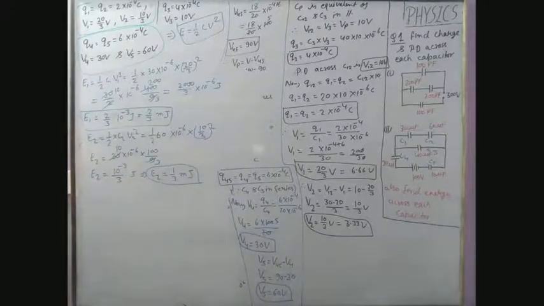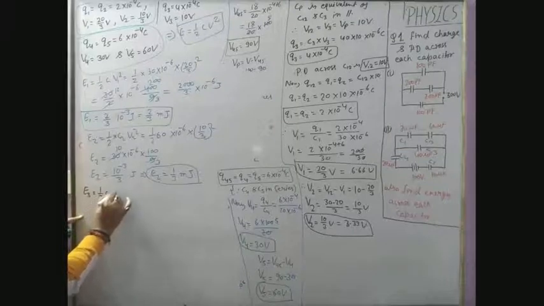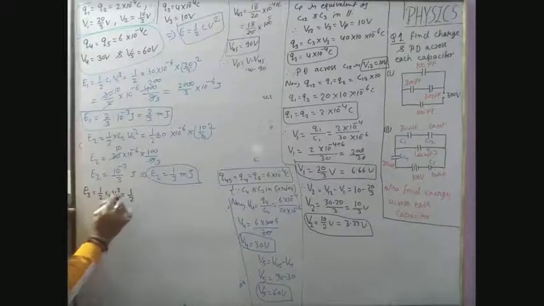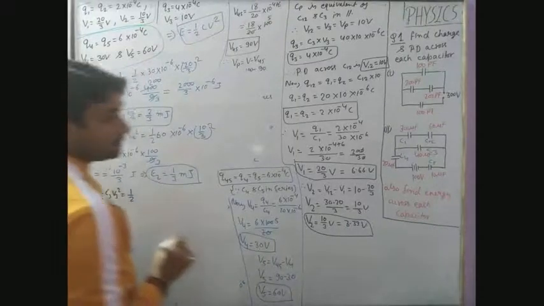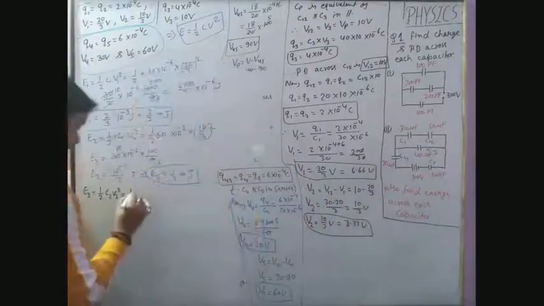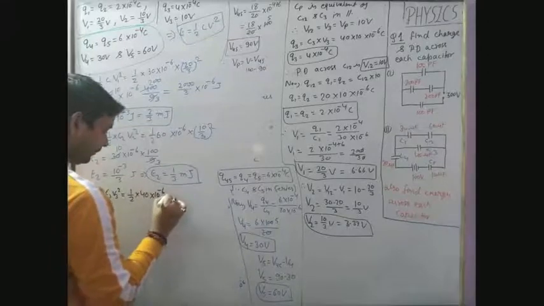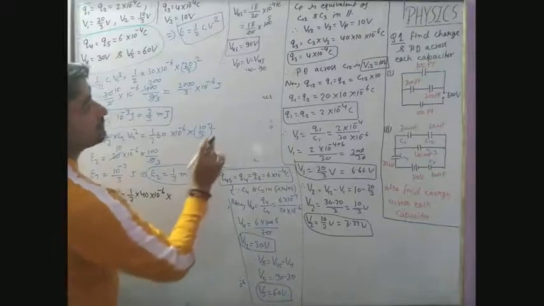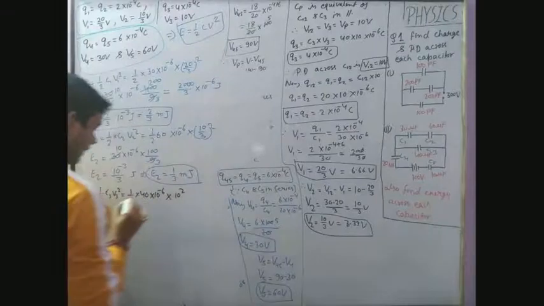Okay, now E3 we have half C3 V3 square. We have here half, C3 we have 40, that is 40 into 10 to the power minus 6, into V3 is 10 square.